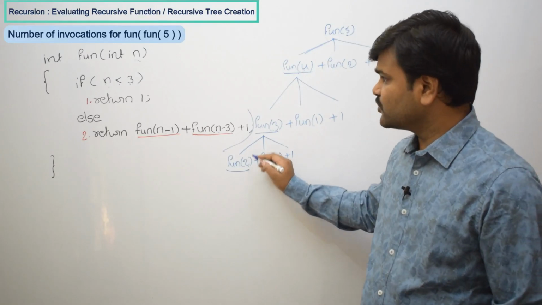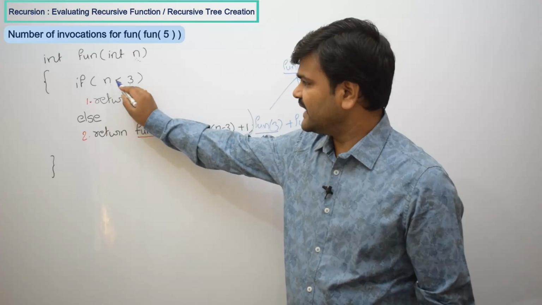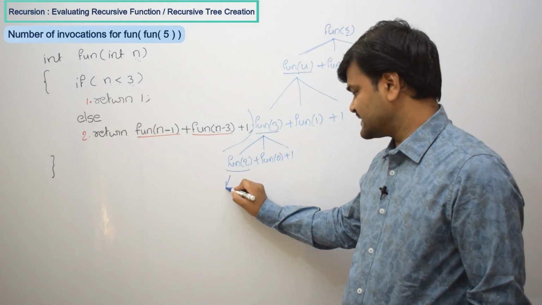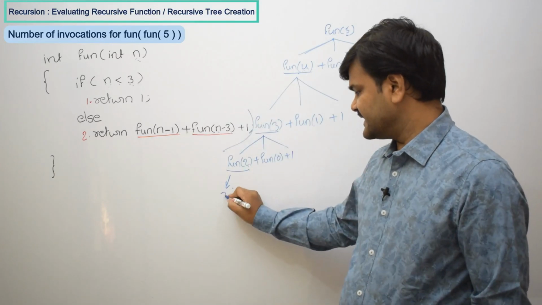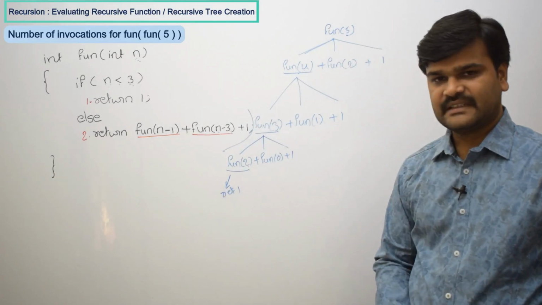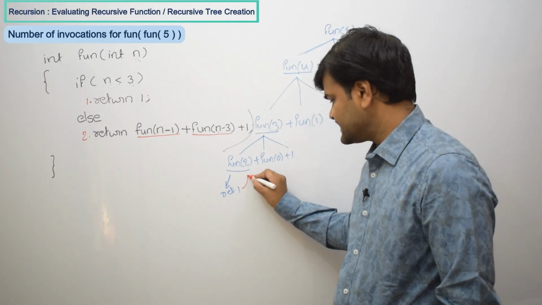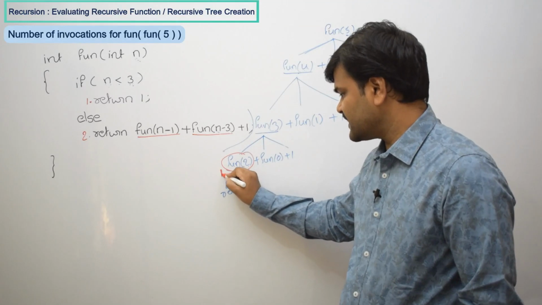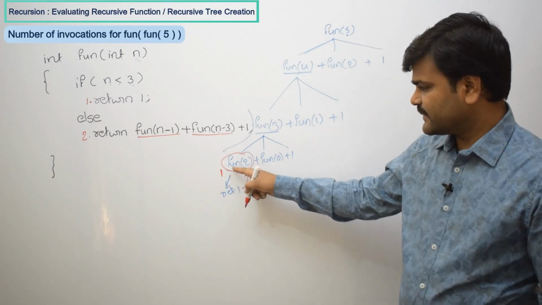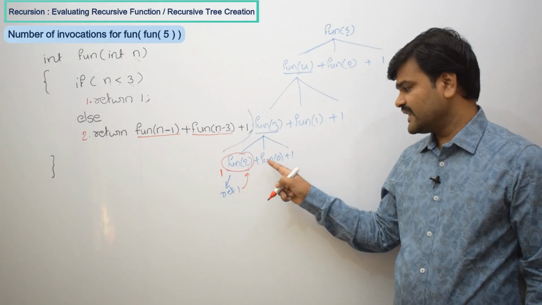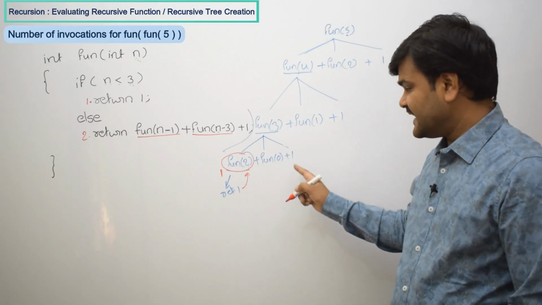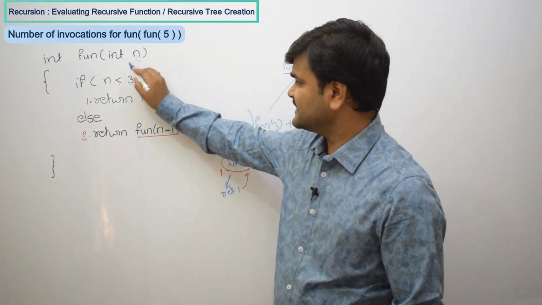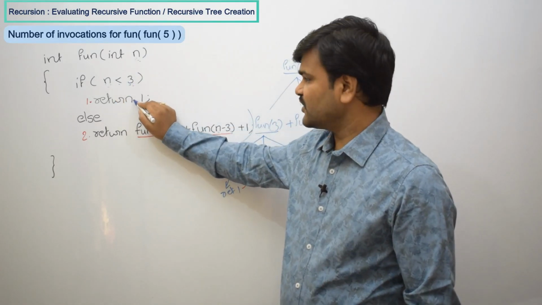So with the n value 2, 2 less than 3, condition true. Whenever the condition is true, the function comes to this statement and returns 1. So it is returning 1, which means this entire position is going to be replaced by 1. Now this statement execution is completed. Come to the next statement. The same thing is happening here because n is 0. 0 less than 3, condition true, so return 1.